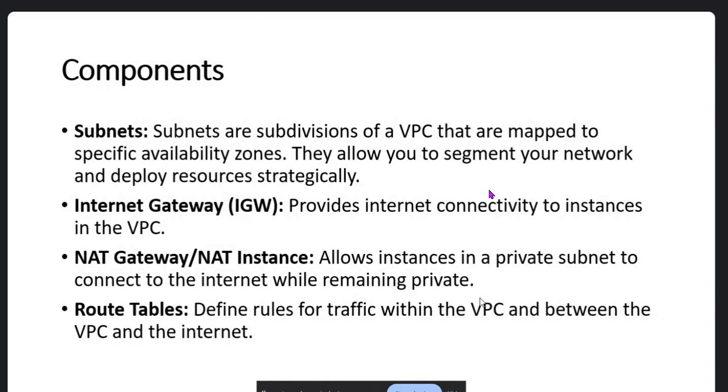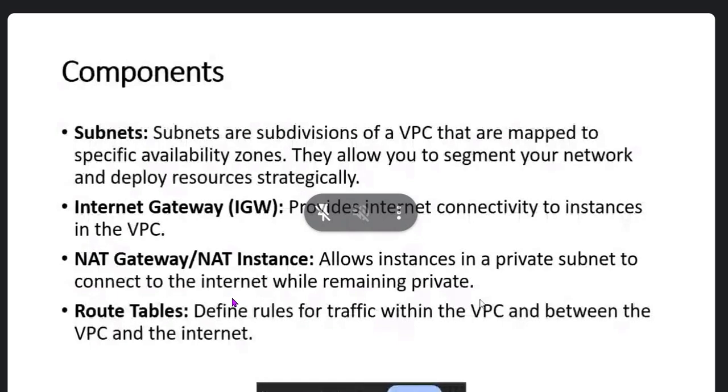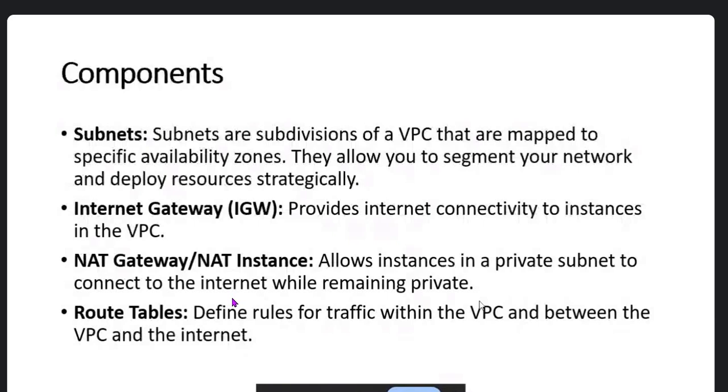The NAT gateway is an instance that allows you to connect using a private IP, because you can't connect to the internet directly when you're on a private subnet.